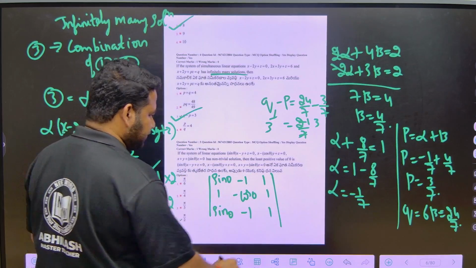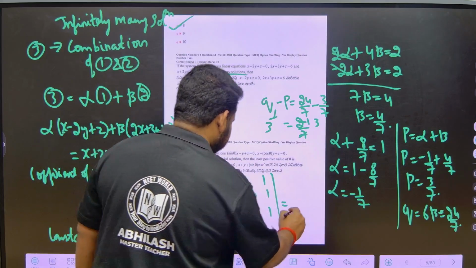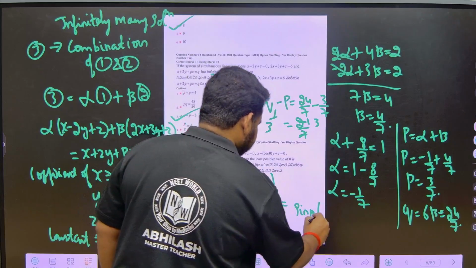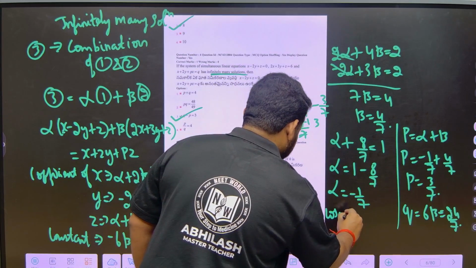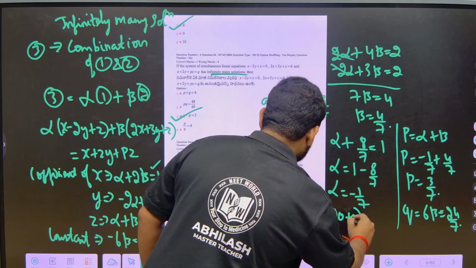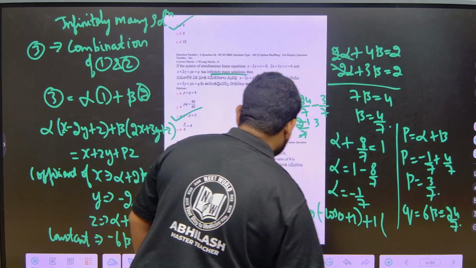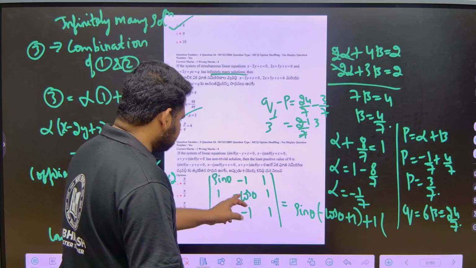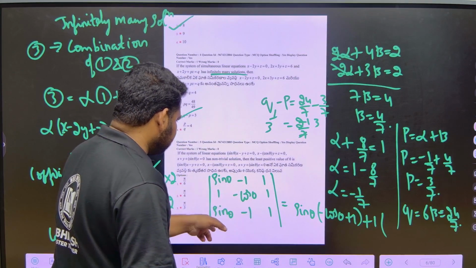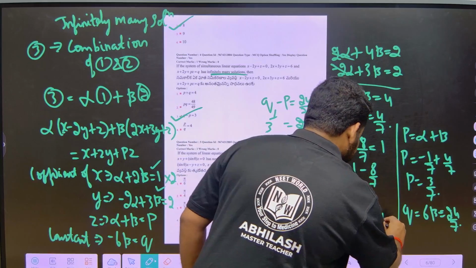To find the determinant of this, sin theta into cos theta minus cos theta plus 1. Minus into minus is plus. So this will be plus 1 into 1 minus sin theta.